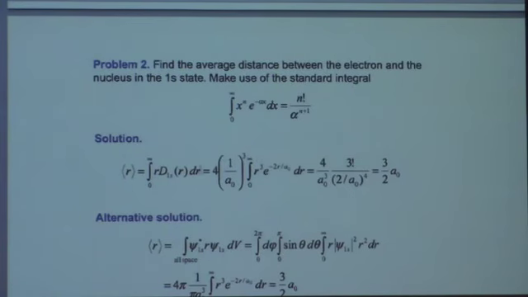I'm looking at the wrong expression. All right, n equals 3, then you can just use that expression and obtain that the average distance between the electron and the nucleus in the 1s state is not the Bohr radius anymore, but 3/2 of the Bohr radius. So it's just a different way of thinking of the most probable distance, using the average of the operator or the maximum of the distribution.